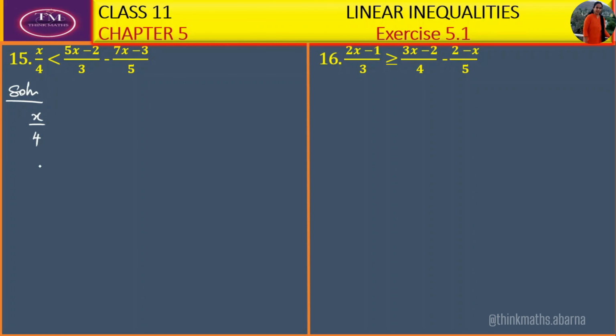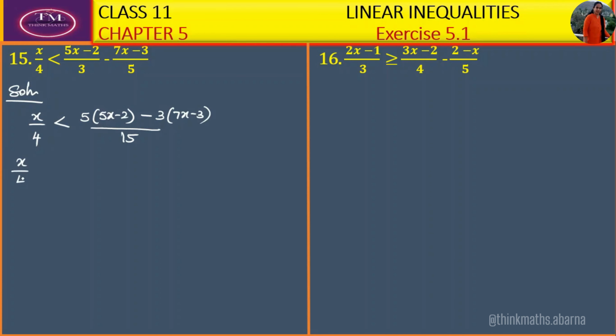So here in left hand side there is nothing to solve. So let us write it as such, x by 4 less than. Here we have to take LCM. 3 and 5 both are prime. So just multiply and cross multiply in the numerator. So 5 into 5x minus 2 minus 3 into 7x minus 3.